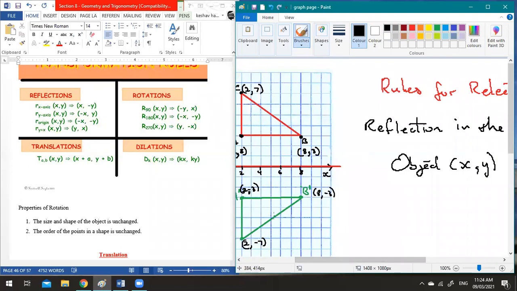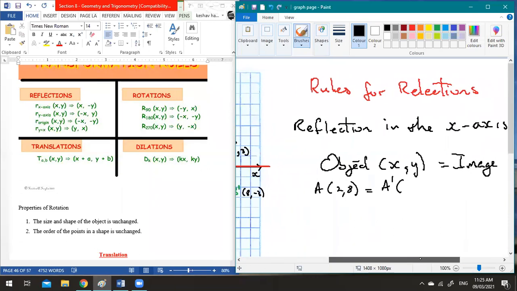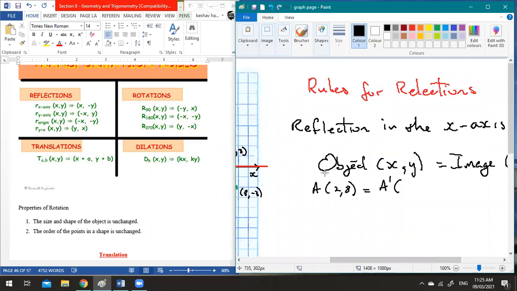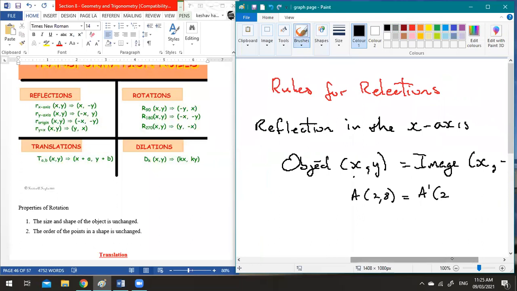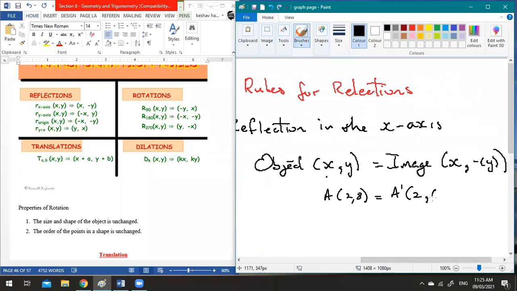So without even drawing the diagram, if you know A was 2 and 3, the image of A will be, according to the law, 2, and we change the y by putting a negative.